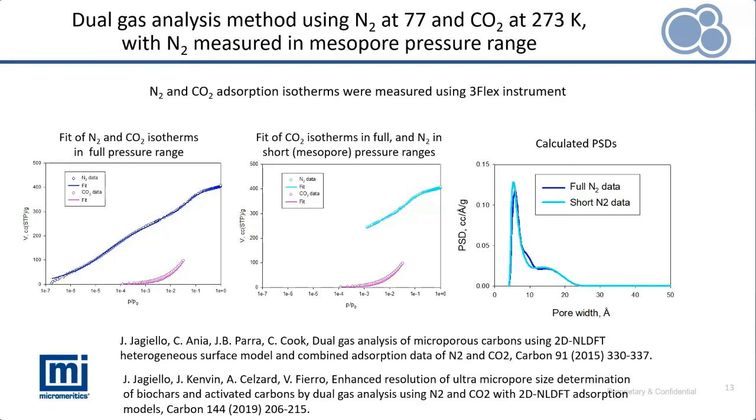Practical benefits from this method are that we can significantly reduce the time of the analysis of microporous carbons, and that we can use an instrument like TriStar that does not measure low pressures. For more sophisticated analysis of pore accessibility, the full nitrogen isotherm still needs to be measured. This study was presented in that paper, as I don't have time to give full details.